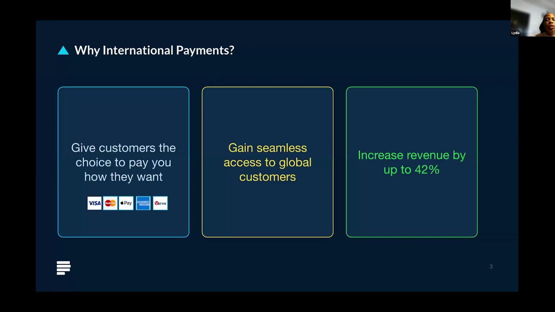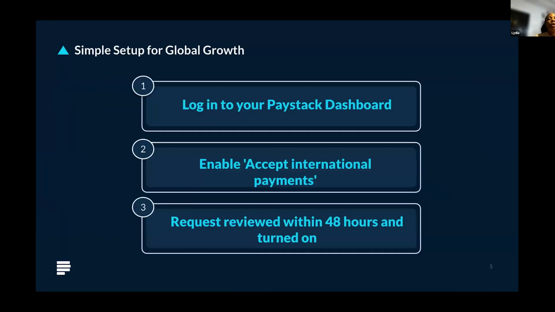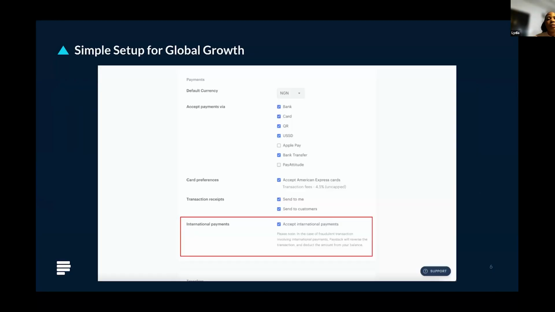So you are giving them more choices, you are enabling seamless access, and you are also increasing your own revenue. And you can turn it on by logging into your Paystack dashboard, going to your settings, and then going to preferences, and then clicking accept international payments. If you do not see accept international payments, please click on request international payments. Your request will be reviewed and it will be turned on within 48 hours.